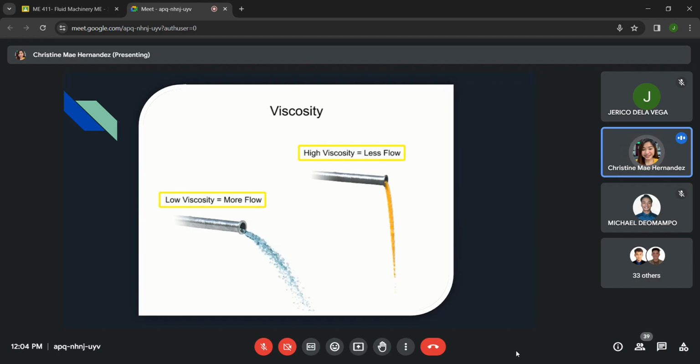Ang hirap pa din. So, ang ginawa nyo, kinalog nyo si ketchup, then upside down. Yun yung sinasabing less flow, konti-konti. Ibig sabihin si ketchup ay meron lang siyang high viscosity. Well, si water, meron siyang low viscosity, meaning since malabnaw siya, more flow siya.